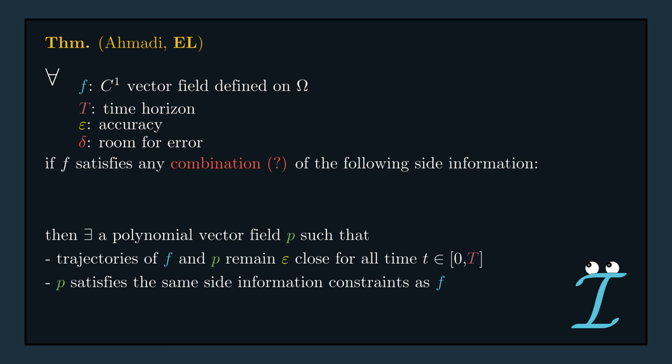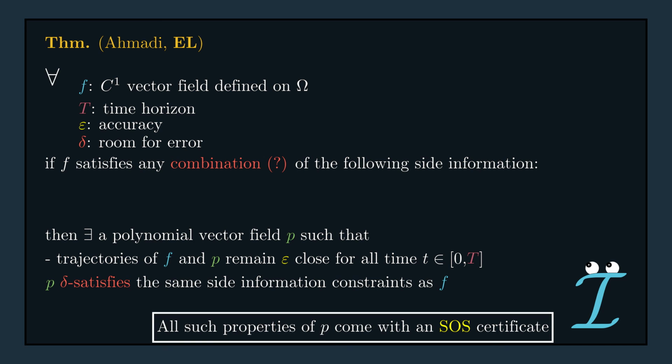But if we allow for some room of error, delta, and we can take delta as small as possible, as long as it's positive, then there exists a polynomial P that delta-satisfies, not exactly satisfies, any combination of side information you care about while staying close to the vector field f. And as a bonus, all such properties of the polynomial vector field P come with a sum of squares certificate, meaning that we can impose them during the learning phase by semi-definite programming.